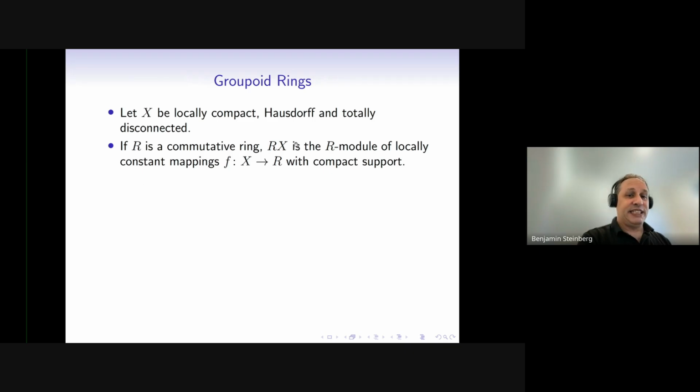If X is a discrete space, then this is a free module on X, so I don't think it's completely unreasonable. And I don't use the locally constant mapping with compact support notation because when X is not Hausdorff, which is not the case here, then that notation doesn't really make sense. So anyway, this is the notation I use. I know it's not 100% popular.